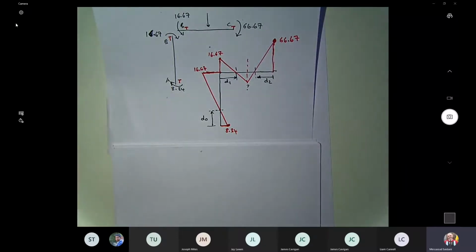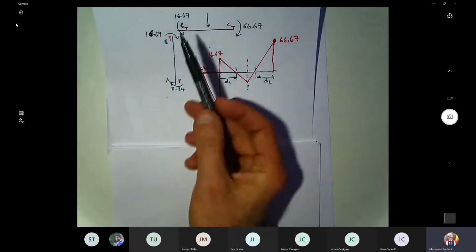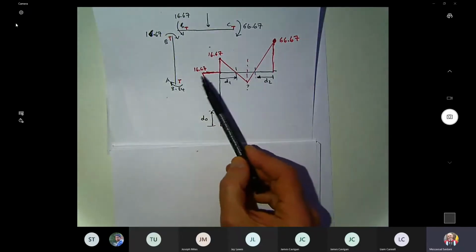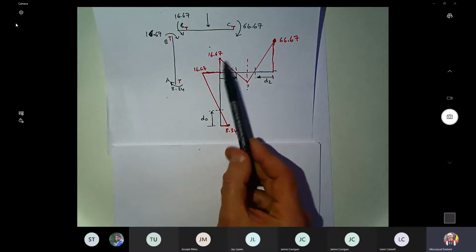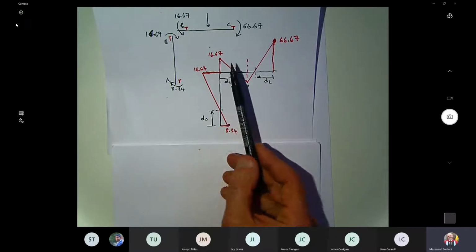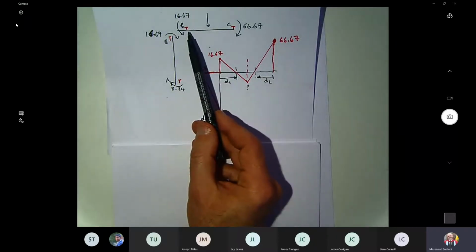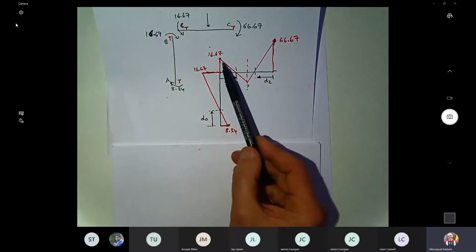Any questions? Yes. At B, where we have 1667, should the tension be on top? On point B, where the moment is 1667, yeah, minus 1667, the top one. Yes, so you plot it at the top.